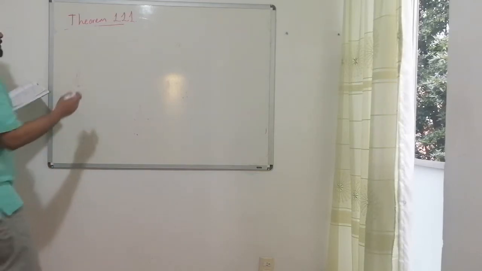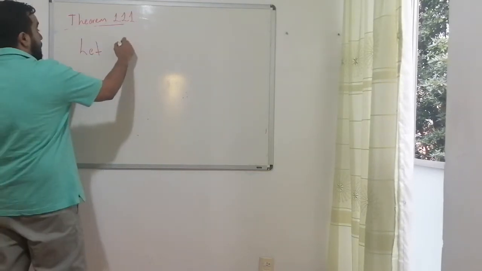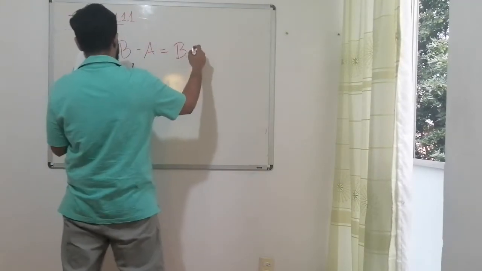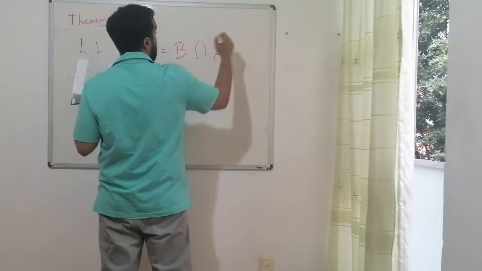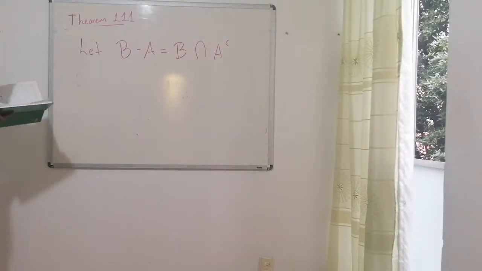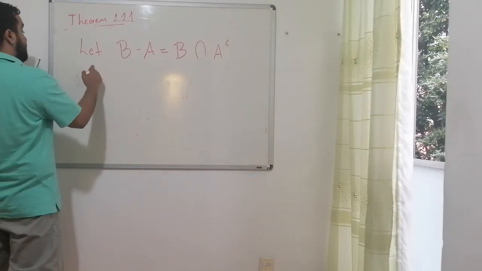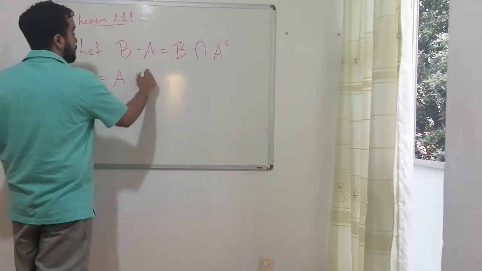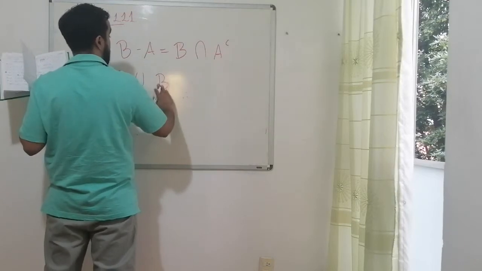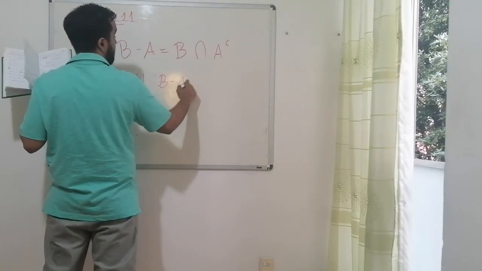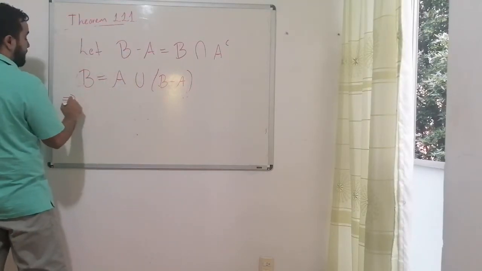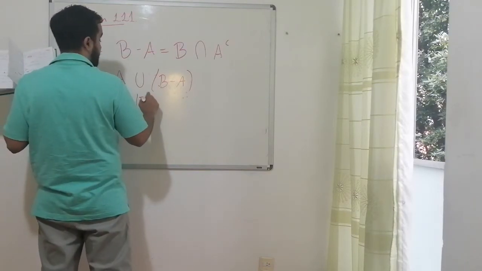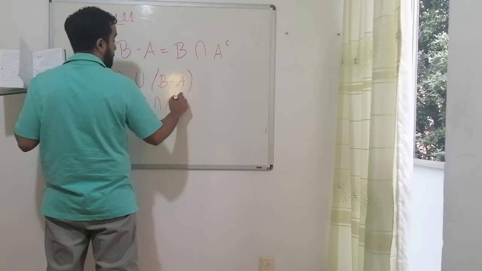For the first property, let B minus A be equal to B intersection A complement. This is a set relation, and now we write B like this: B is equal to A union (B minus A), which implies B is equal to A union (B intersection A complement).